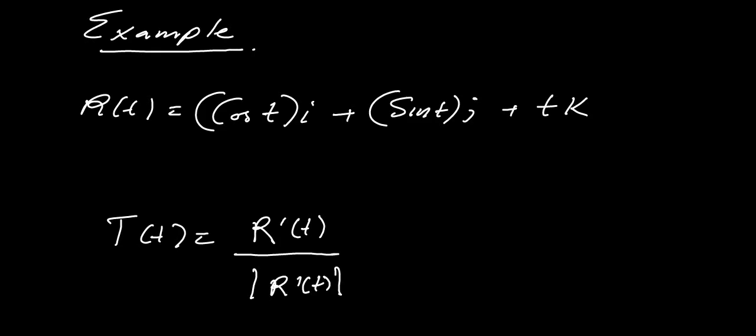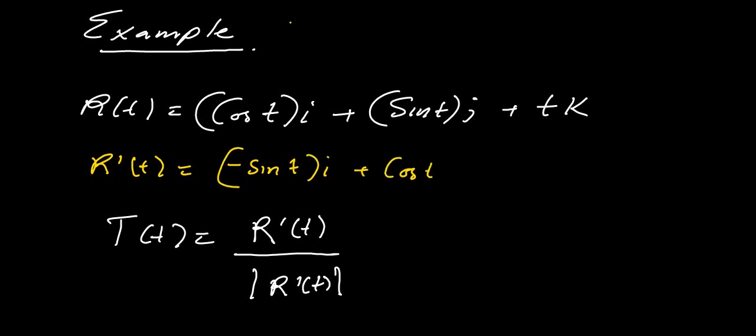So we need to do the derivatives first. The derivative r prime of t is negative sine t with the i, cos t with the j, and just a k, because the derivative of t is 1.